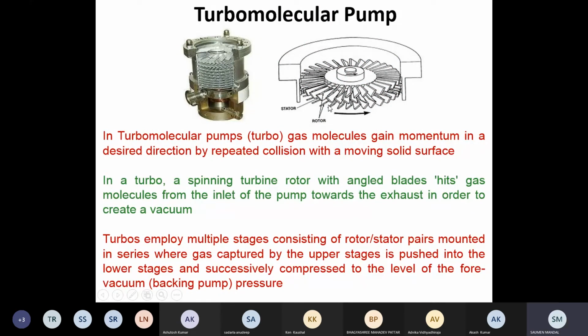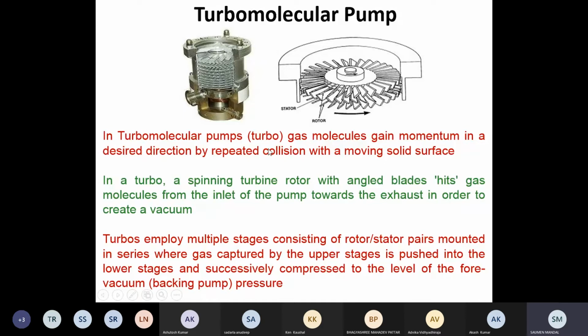One is called the stator, another is called the rotor. The stator and rotor are arranged in such a manner that when it runs at very high speed, the molecule will knock the wall like a ping pong ball, and then it will go on.